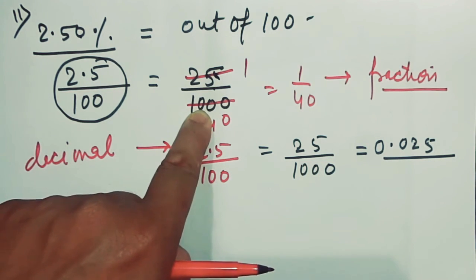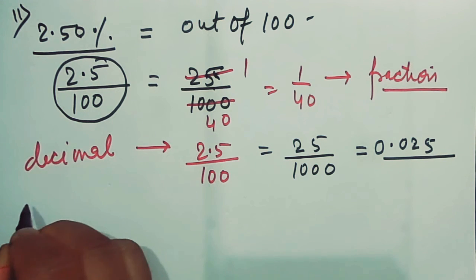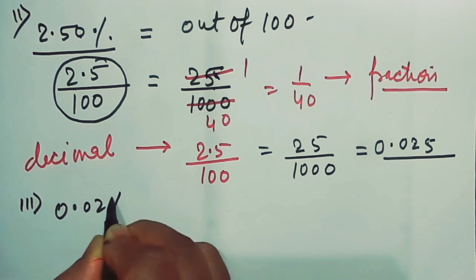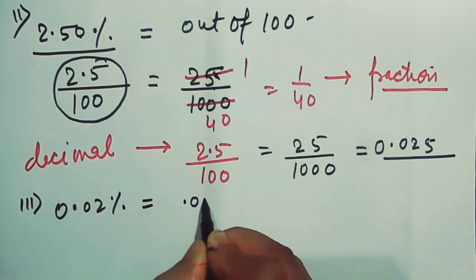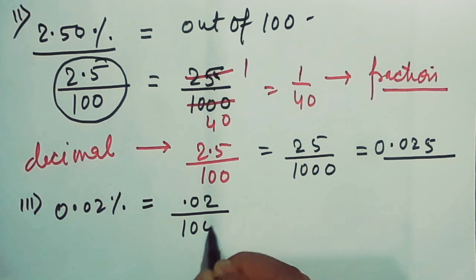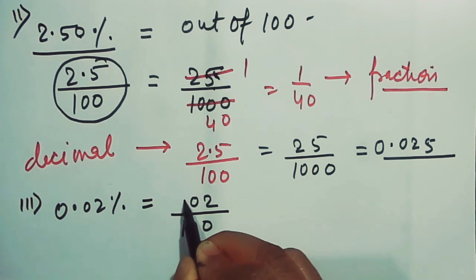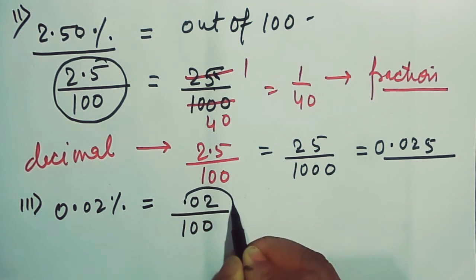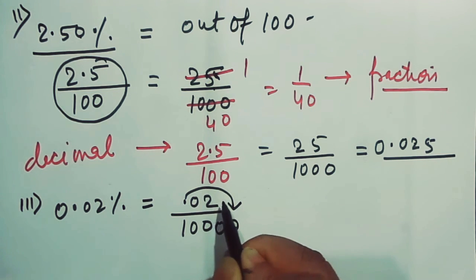Let us take one or two more. For example, in number 3 we have 0.02 percentage. So 0.02 percentage means 0.02 by 100. Now let us remove this decimal. When we remove the decimal towards the right hand side, 2 zeros will be added because the decimal is jumping 2 places towards your right hand side.